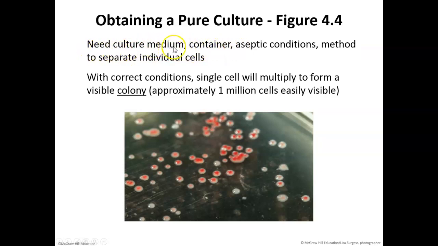You have to have certain types of media, and you have to have aseptic conditions. So if you have all of these, then you can take a single cell and grow it on an agar plate, and in approximately 24 to 48 hours, you will have a colony, and that colony is going to be at least 1 million cells. And then you can see that on the plate.